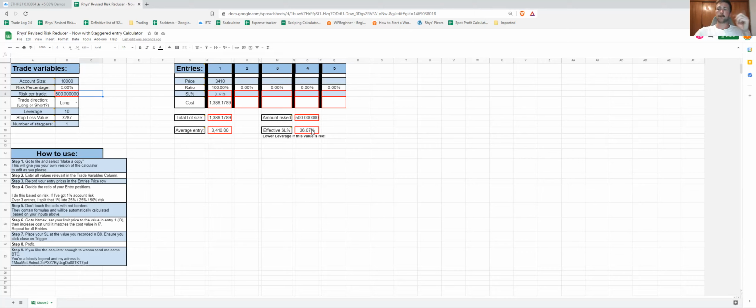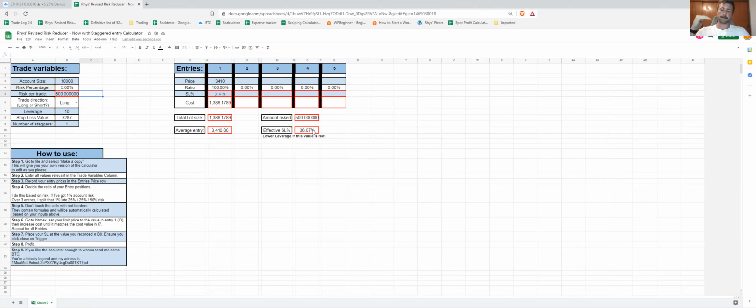But your effective stop loss, this is really important. I have been liquidated once ever, and that was when I forgot to put a stop loss on. I have never been liquidated in a trade where I put a stop loss on, because I always keep my effective stop loss, which is what I call my leverage times my stop loss, below 40%.